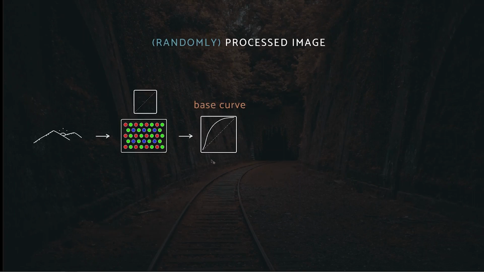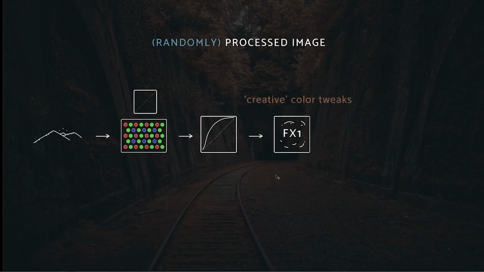And then if the in-camera processing happens, usually the base curve or the contrast curve is applied to this data. It already makes it stray from the physically based representation that was recorded by the sensor, and then it gets even worse with the creative color tweaks put on top of it.